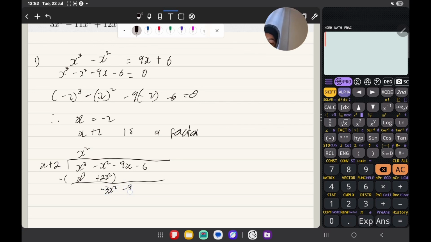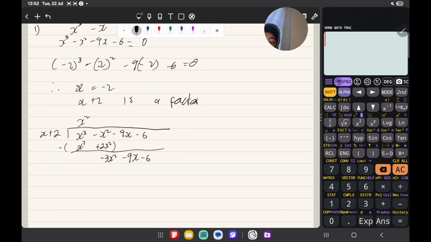Bring down the rest. We get minus 3x, multiply, then minus 6x, right? This is 0. Here it's minus 3x, and then we do the math again. Minus 3x minus 6, we get 0.